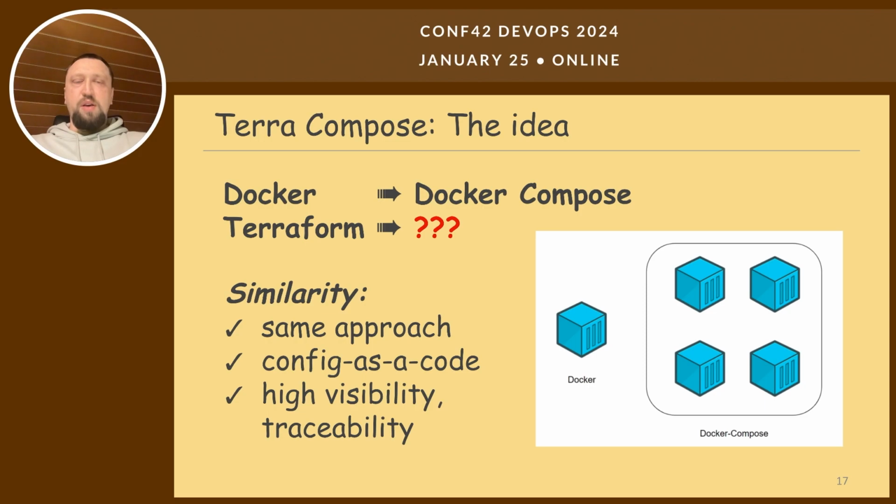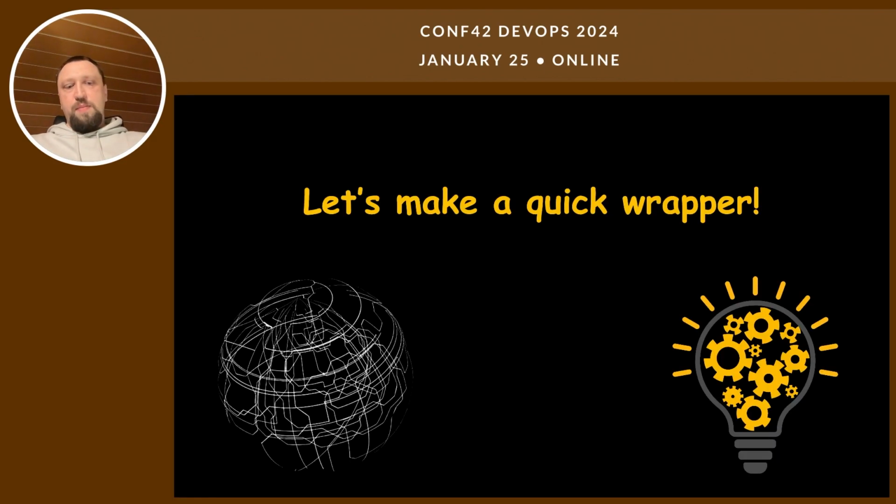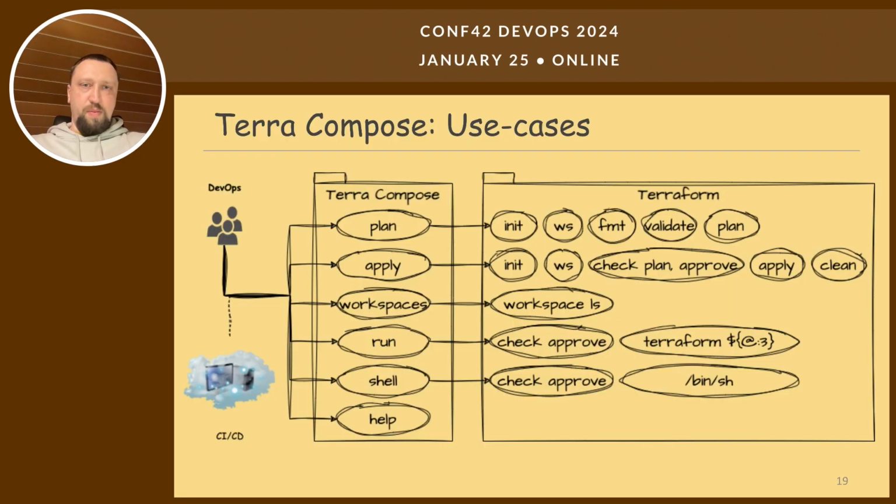It's a very clean approach with config as code, and it has high visibility and traceability. And the idea behind Terra Compose is exactly that. Why can't we do something like that with the Terraform projects? Okay, and let me show you this quick wrapper.